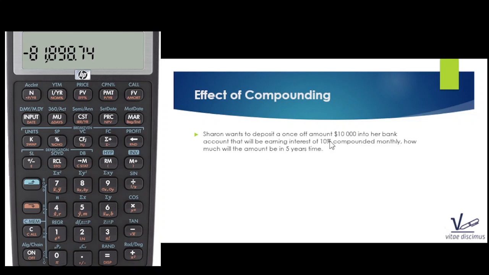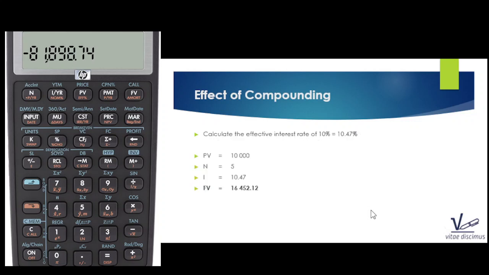But now with regards to the interest, since it's being compounded monthly, we need to calculate the effective interest rate first of this 10%, such that we will be able to use that effective interest rate for the purposes of calculating what the future value will be in 5 years' time.